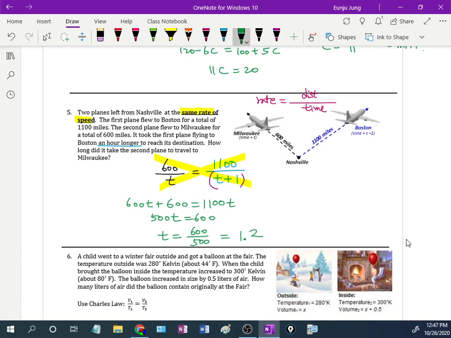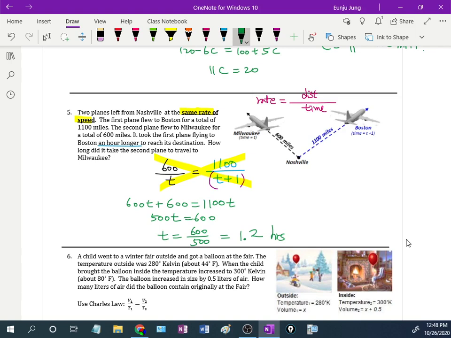Cancel, and then convert, 12 over 10, so that is 1.2. What's the unit? Hours, that's right. Not miles per hour here. How long here doesn't mean the distance, it means the time, so we use time as a unit, okay? Hours. In the equation, we use the rate formula because the rates are the same, so I need to equate them, okay?